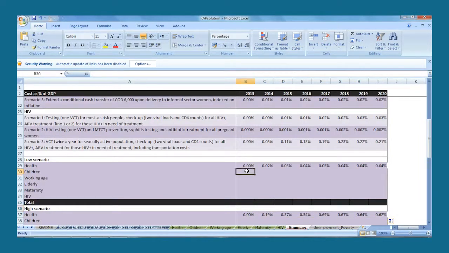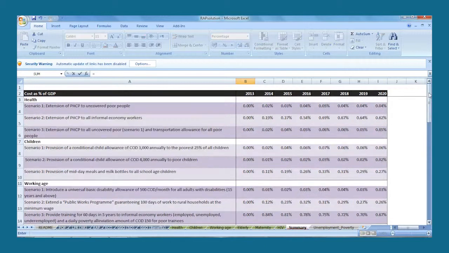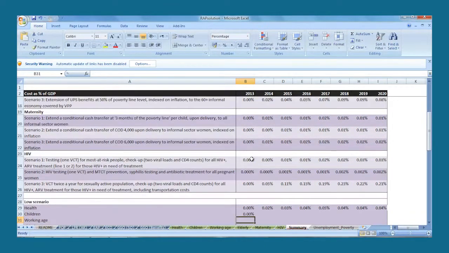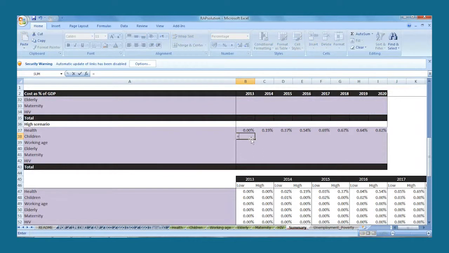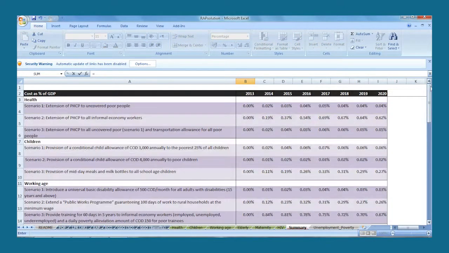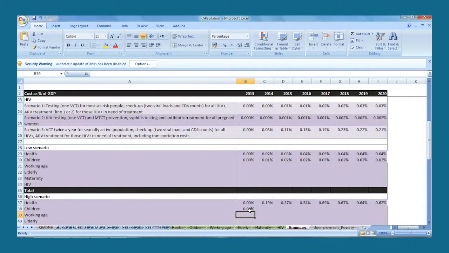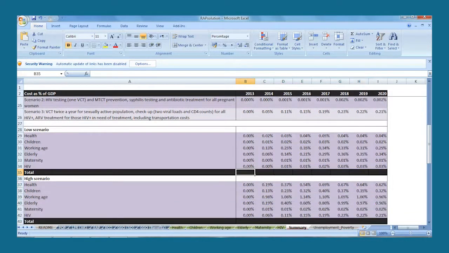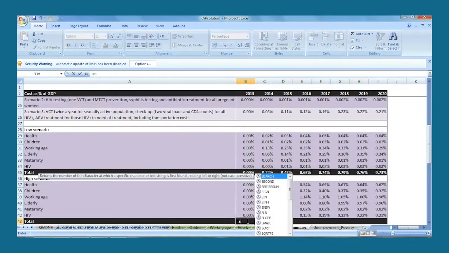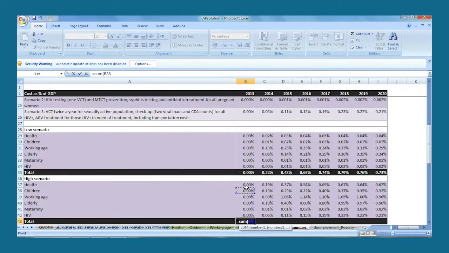Similarly, we list the low and high scenarios for all the other guarantees. The total low scenario is the addition of all the individual low scenarios, while the total high scenario is the summation of all the individual high scenarios.